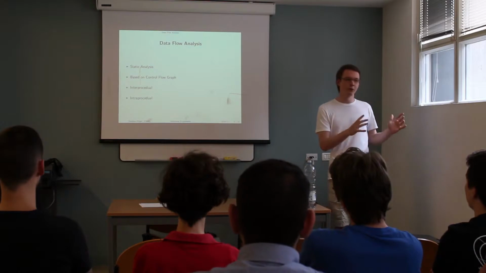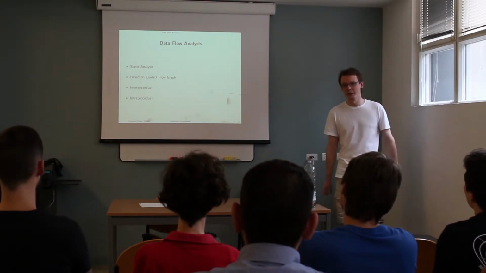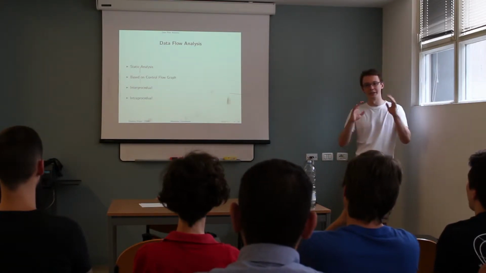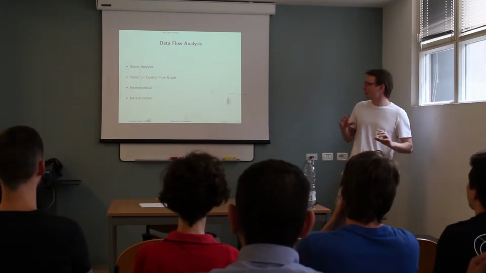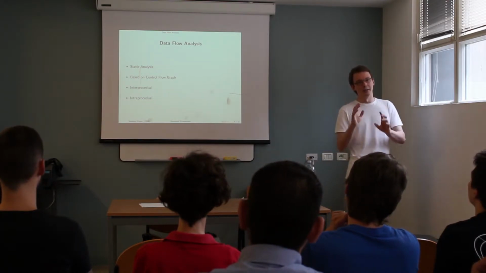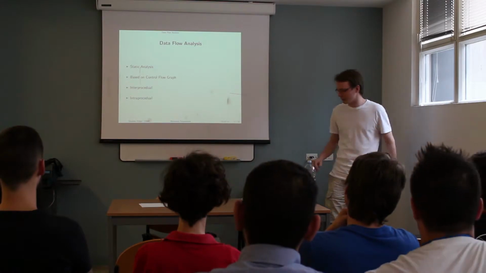There's an interprocedural part, which is the connections between functions, and an intraprocedural part, which is the analysis inside of a function. Today I will mostly talk about the intraprocedural part, and just talk a little bit about the interprocedural part.